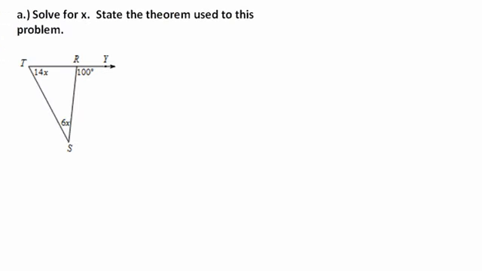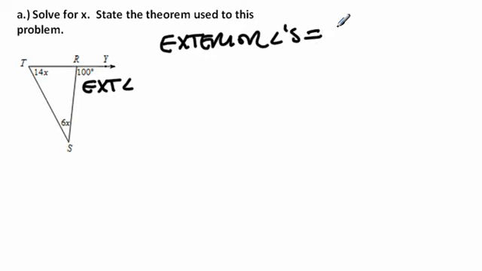All right, so on this back page, what we want to do is solve for x, and we're using theorems to do that. As you look at this, we see that this is an exterior angle, and we learned that the exterior angle equals the two remote interior angles.